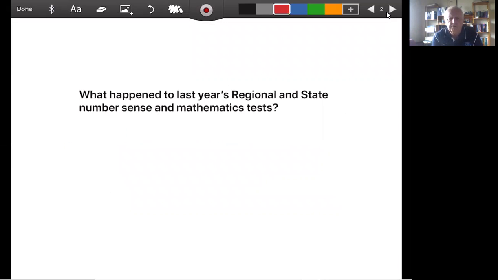First off, before we get started, what happened to last year's regional state number sense and mathematics contest? We were given the option to release them last year for everybody to have, or to keep them and reuse them. I chose to reuse the regional state math and number sense test because the questions were good and I really felt like the kids needed to see them in competition.